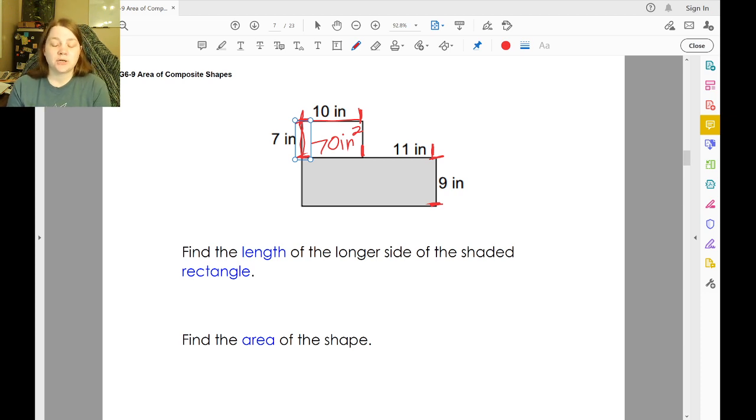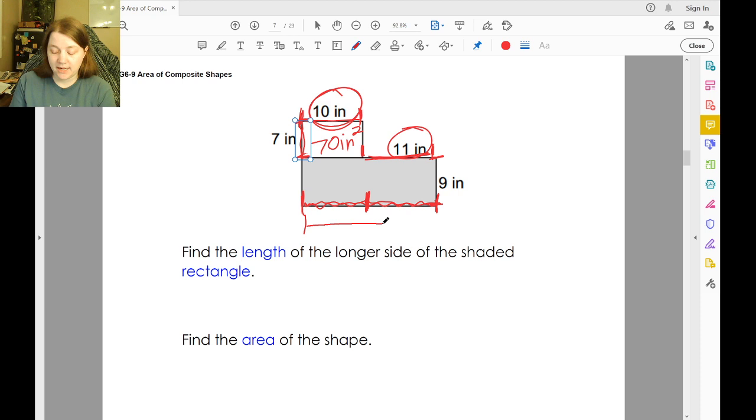For the gray rectangle, I know that this is 9, but I need to know the whole measurement over here. And I don't have the whole measurement, but I do know that from here to here is 10 inches, and that from here to here is 11 inches.